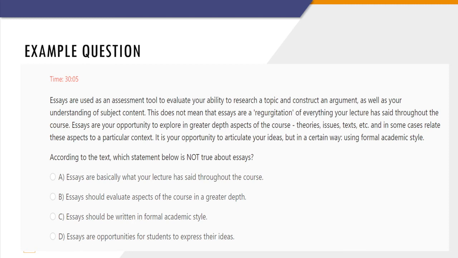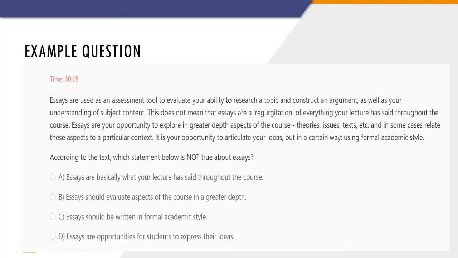So that option is correct. Then the third option is, essays should be written in formal academic style. In the last sentence, they are saying it is your opportunity to articulate your ideas, but in a certain way using formal academic style. So that is also a correct option.